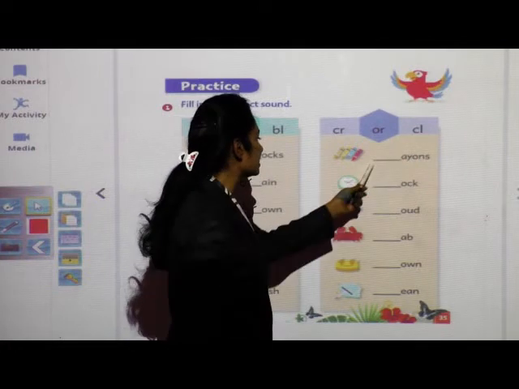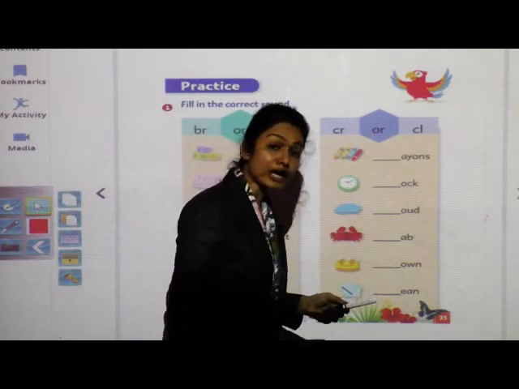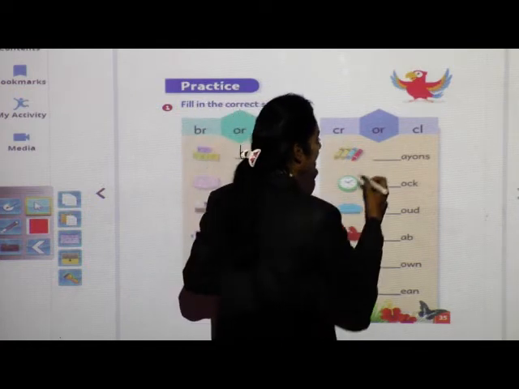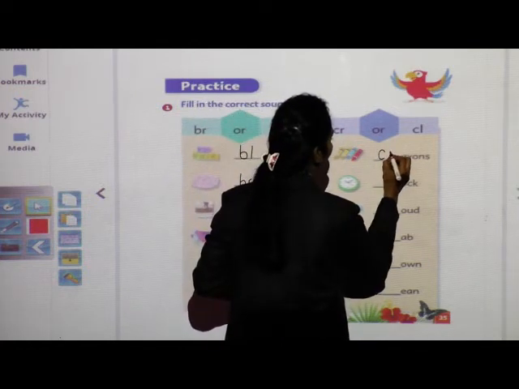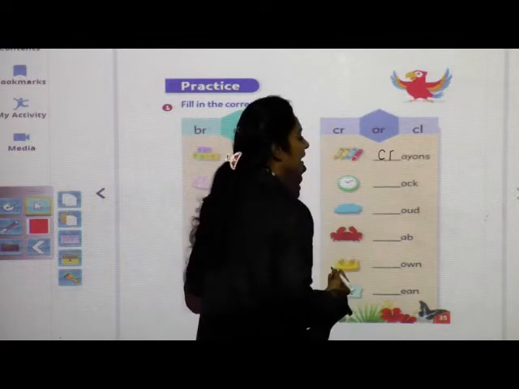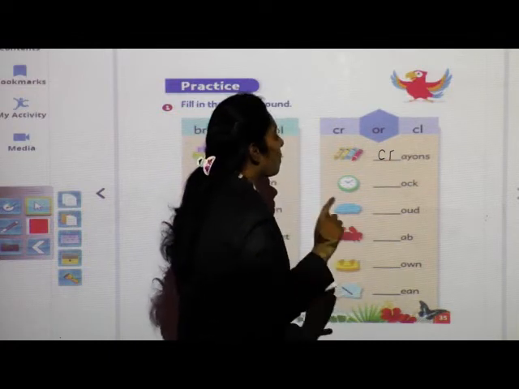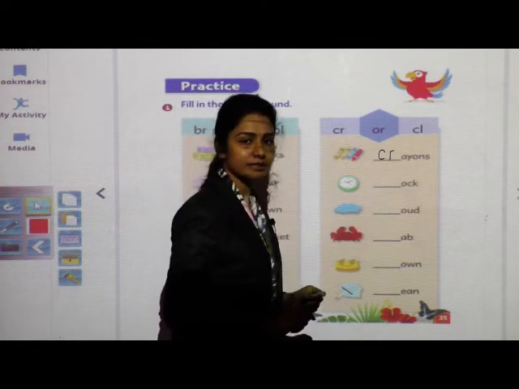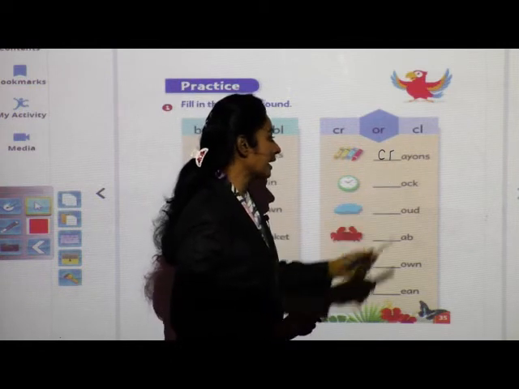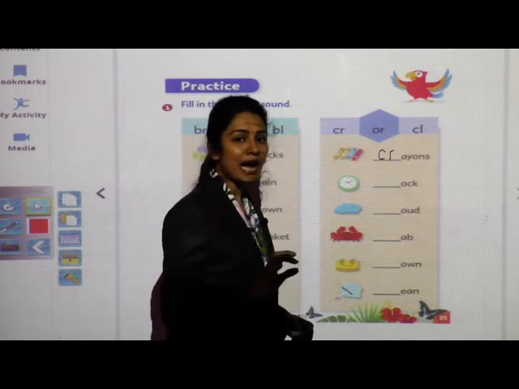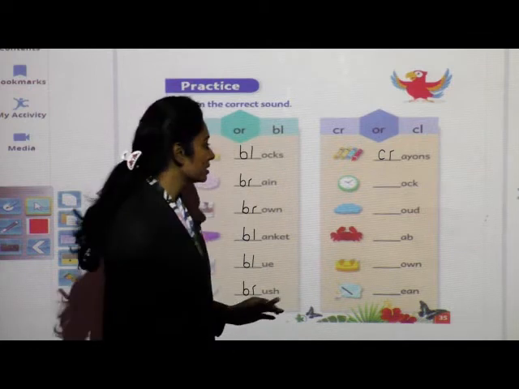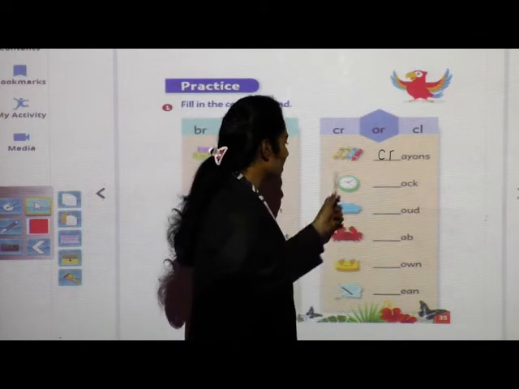Okay, now children, what is this? These are the crayons. Very good. Cr, crayons. Right here, C-R-A-Y-O-N-S, crayons.